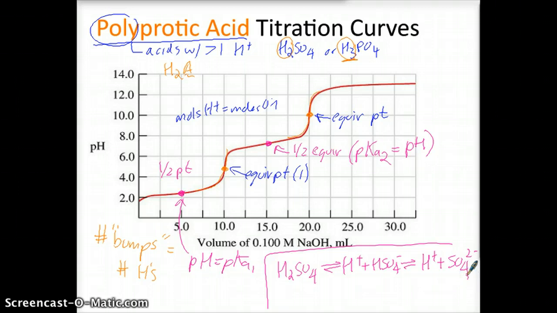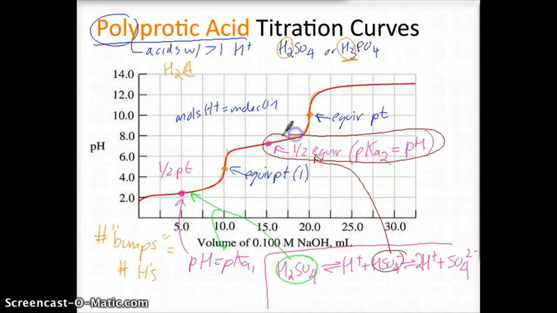Technically it should be 2H plus. So the pKa of this acid would be equal to the pH at the first half equivalence point, whereas the pKa of this acid would be the pH at this half equivalence point.